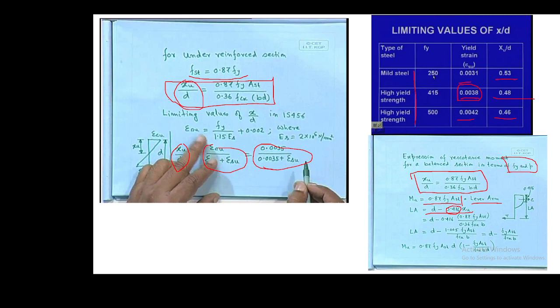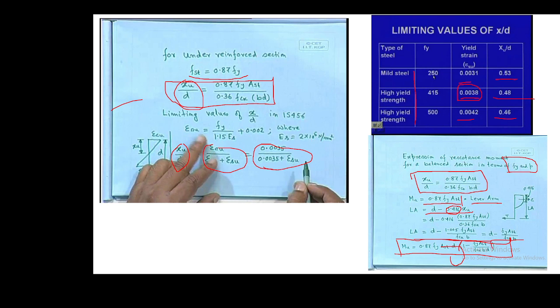Then 0.42 you can consider there, and by putting the XU value here, the lever arm equation becomes this. If you put the lever arm equation into Mu, this is the equation for Mu, which is equal to 0.87 Fy AST D into the bracket 1 minus Fy AST divided by FCK BD.